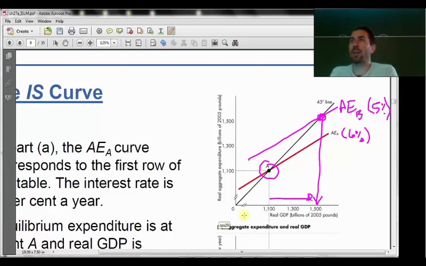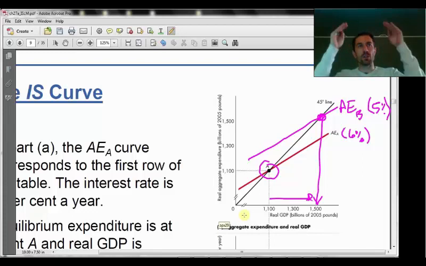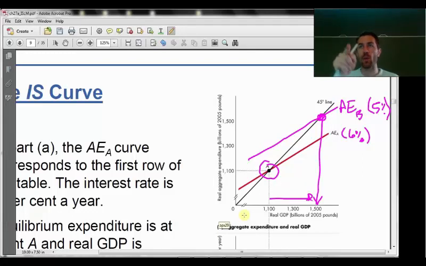You happy that it increases? Okay? So if I summarize what I've just explained to you, or what you've just explained to me as well, if the interest rate goes down, the equilibrium level of GDP in our aggregate expenditure model goes up. With me? Excellent.